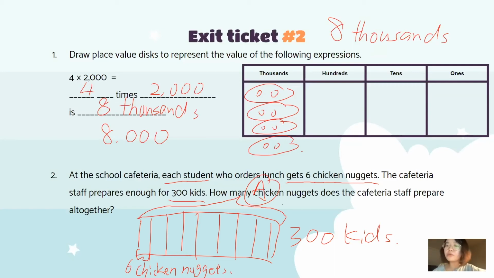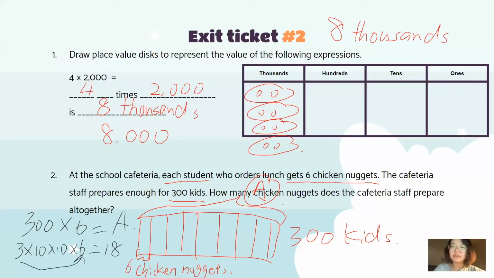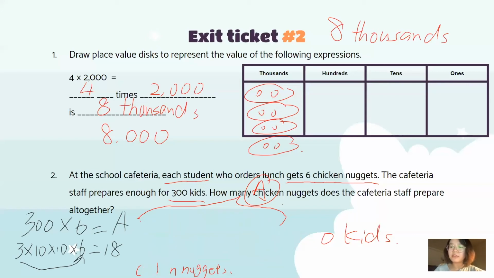So our equation will be 300 times 6 equals A. So we can break this into 3 times 10 times 10 times 6. And what is 3 times 6? That is 18.